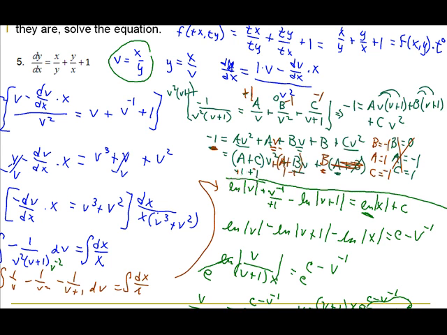And I think that would take a little bit more work to solve for y. I don't know if I could actually solve for y because of the y and the exponential. And so I think I'll leave the answer in this form.